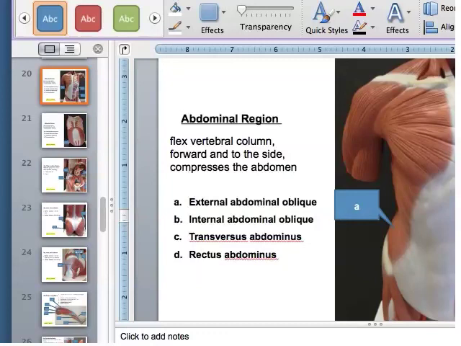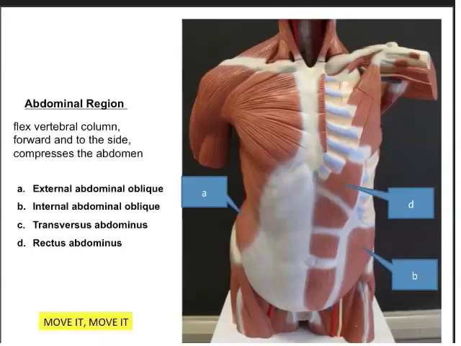Okay, we'll save that. Okay, and so now you can see, okay, the rectus abdominis, the internal obliques, the external obliques, okay?